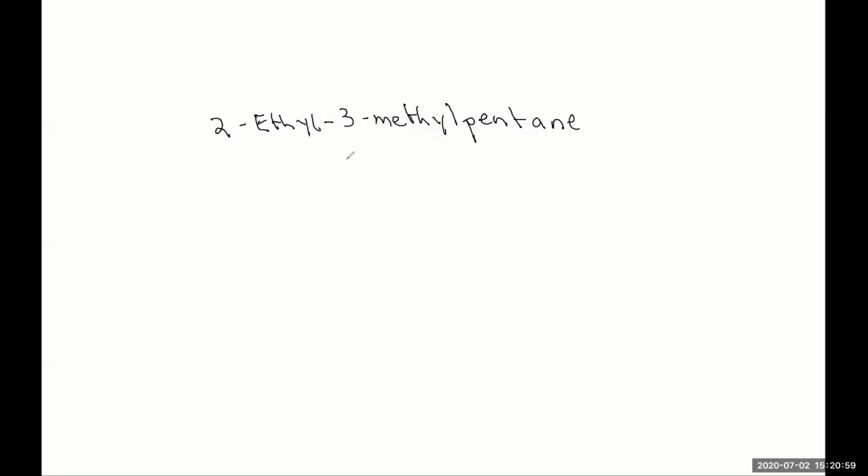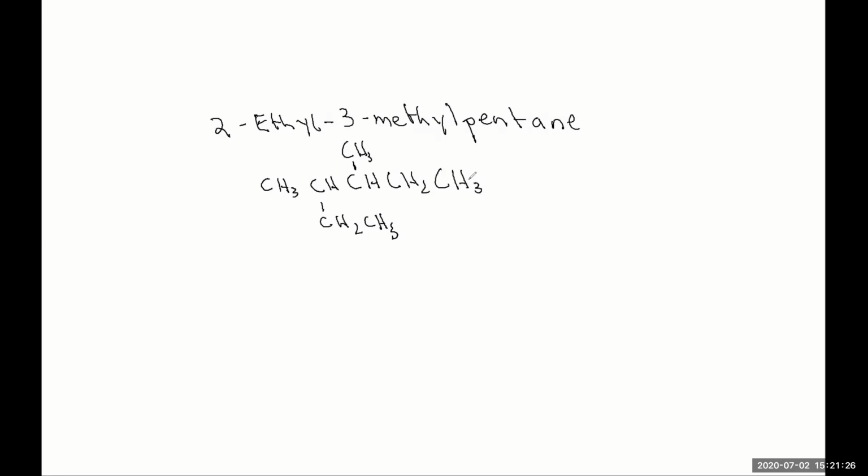Let's see what's going on here. So the parent is pentane. Let's just start drawing the skeleton. So we have carbon 1 here, and then this is carbon 2. We have an ethyl group. And then carbon 3, we have a methyl group. And then we have the rest of the pentane.